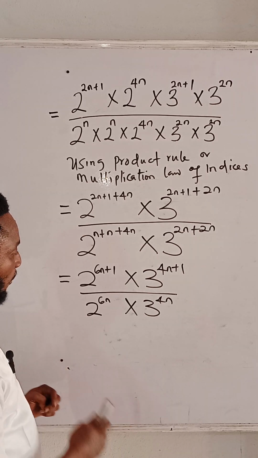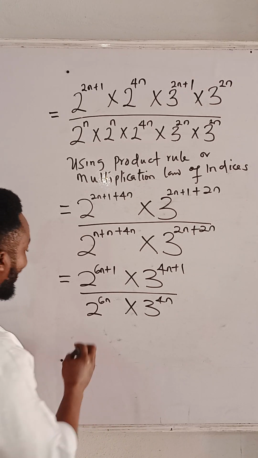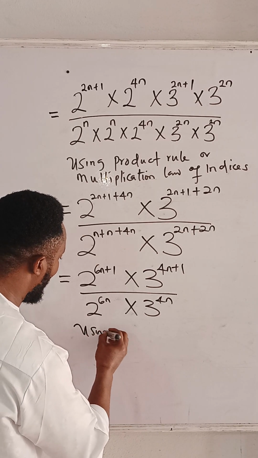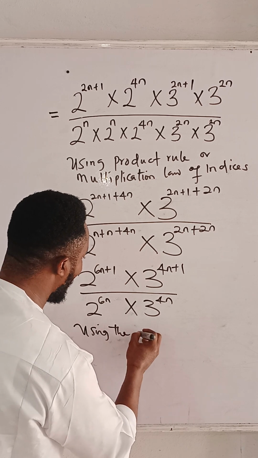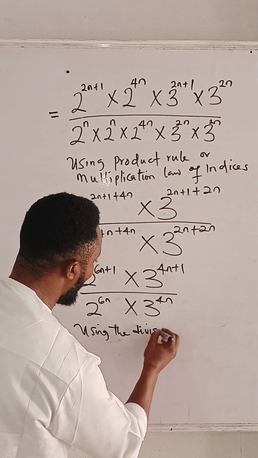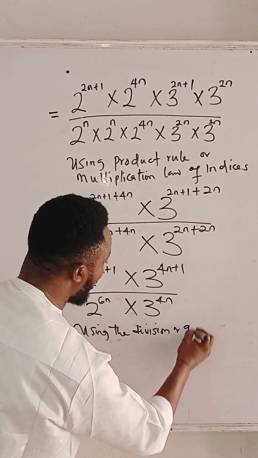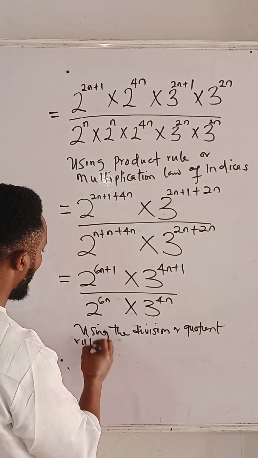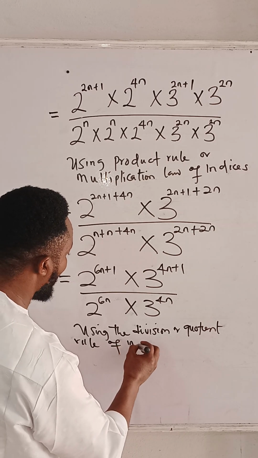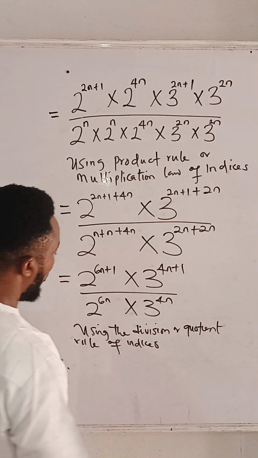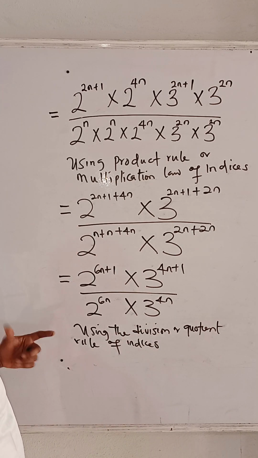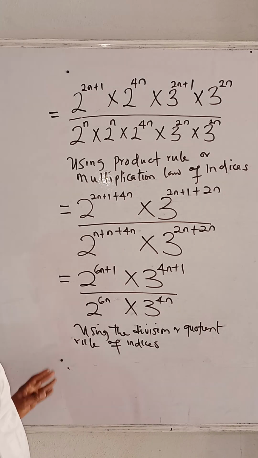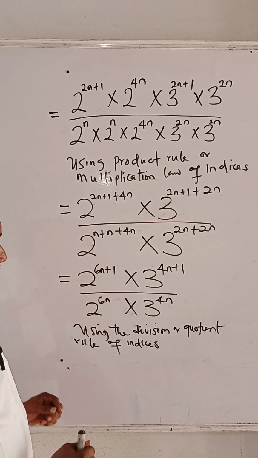So at this level, we will now use the division or quotient rule of indices. Before we use the quotient rule, we need to align these together.